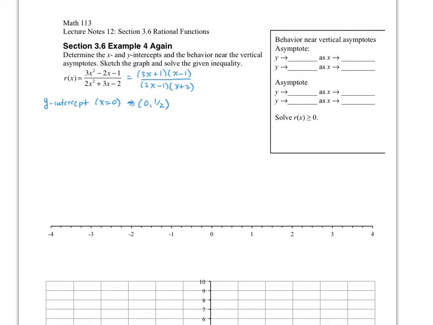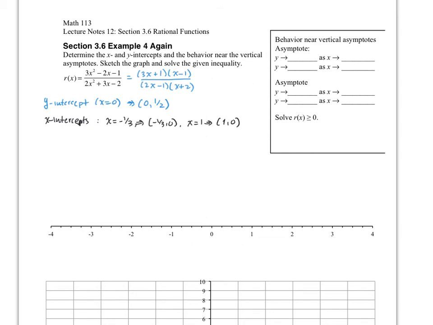So therefore, to find the x-intercepts, you only look to the top, and you want to make the top equal to 0. So that means that x has to be negative 1/3, which gives you the point (-1/3, 0), or x will be 1, which gives you the point (1, 0).